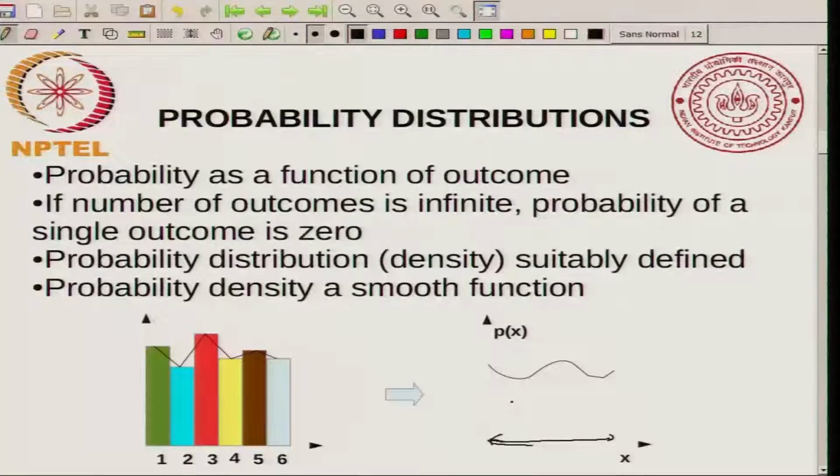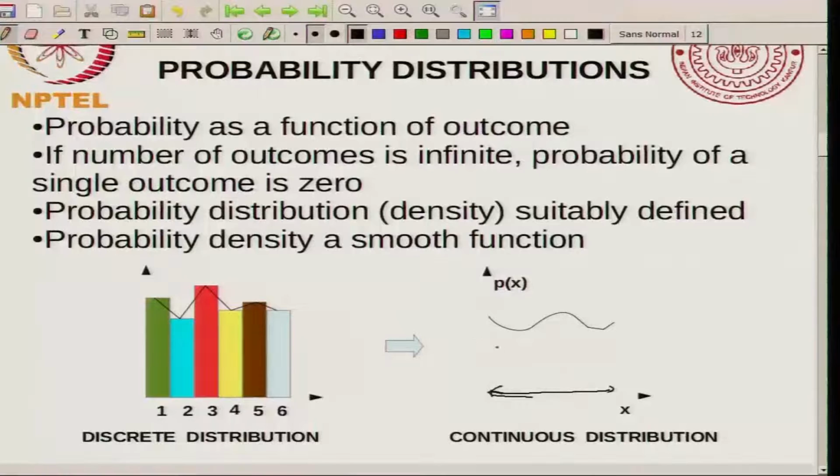But what we will show is that you can ask what is the probability of finding an outcome within some certain interval. So let us talk more about these probability distributions, and just to remind ourselves, this is a discrete distribution, whereas this is a continuous distribution.